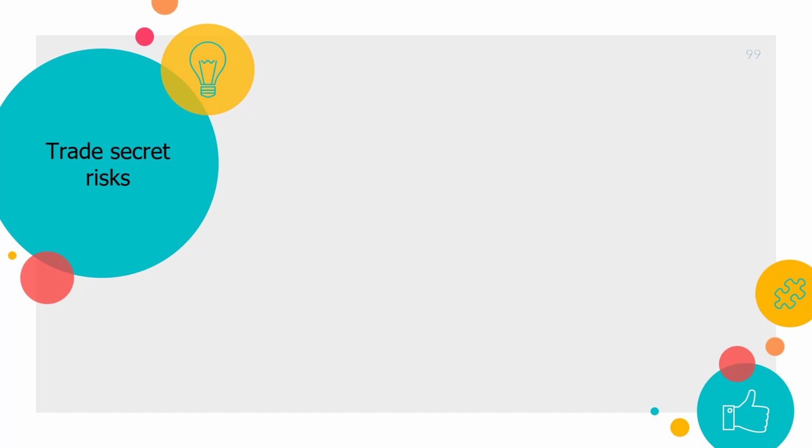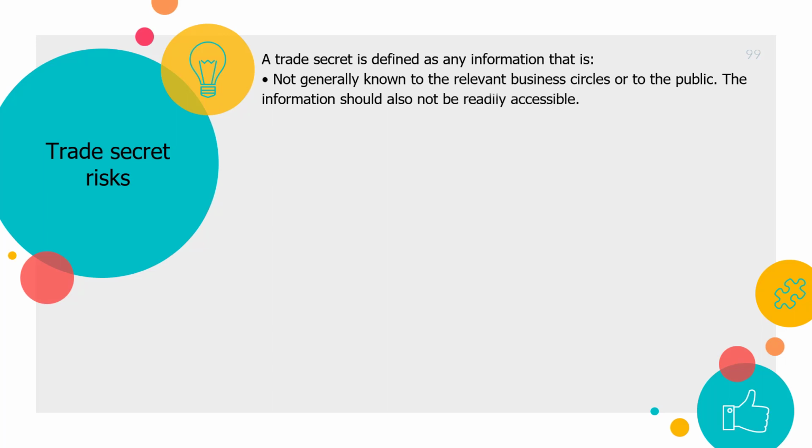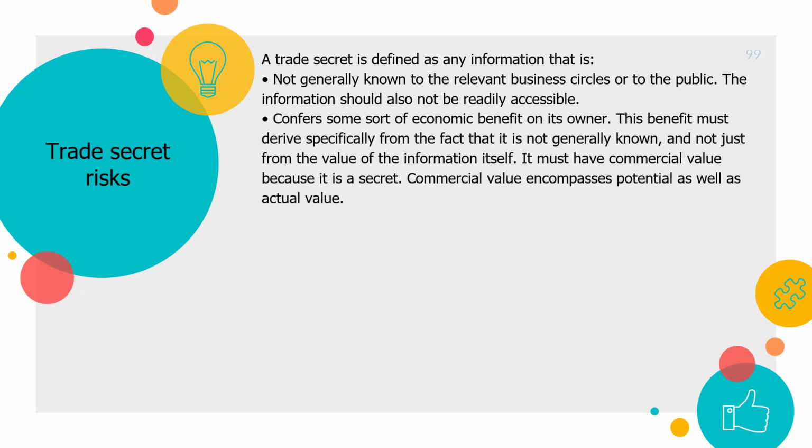Trade secret risk. First, let's define a trade secret. A trade secret is defined as any information that is not generally known to the relevant business circles or to the public. The information should also not be readily accessible, and confers some sort of economic benefits on its owner.